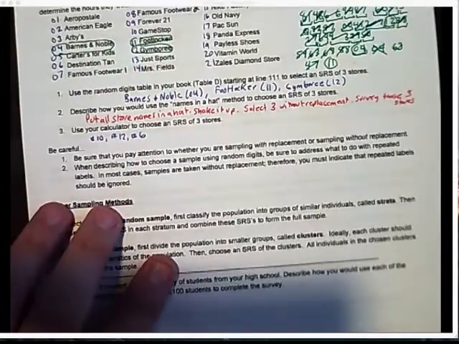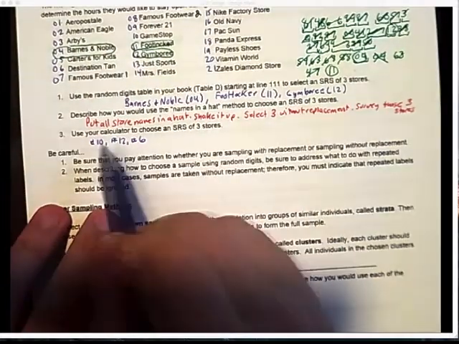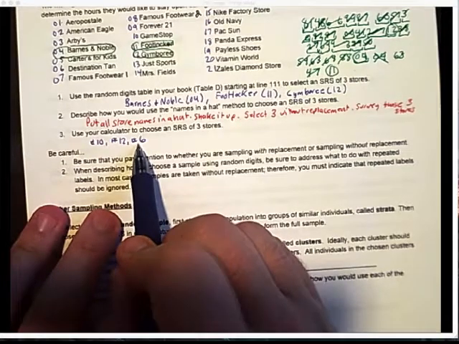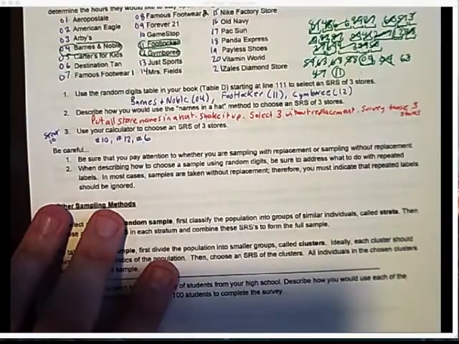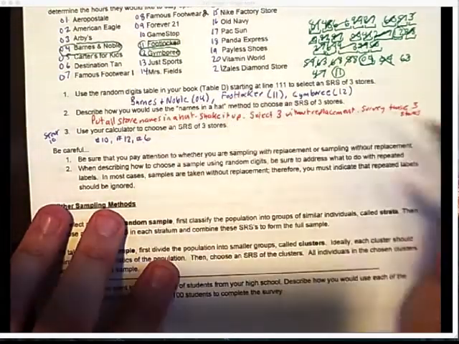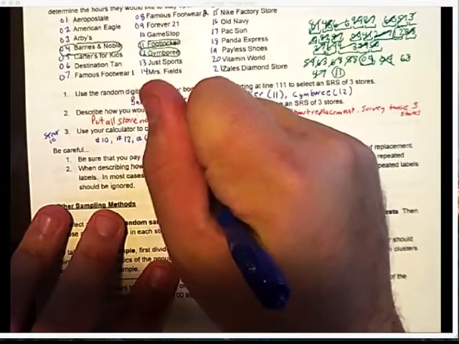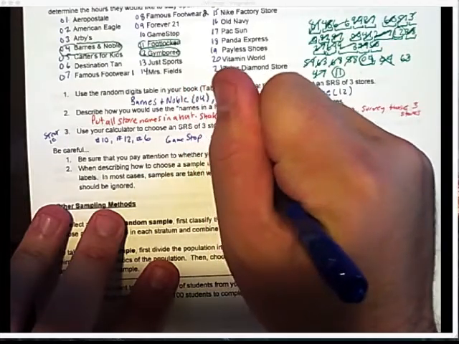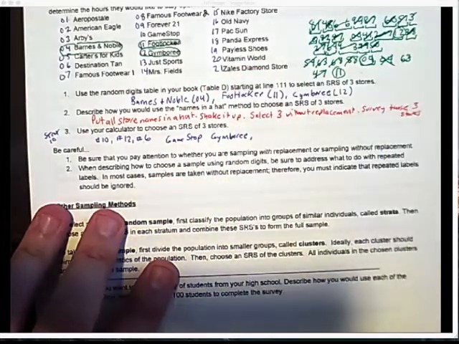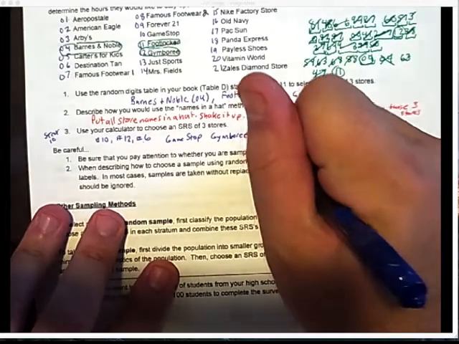You should get the same numbers as these if you seeded your calculator starting with the number 10. Okay, you had to do that first. And those 3 stores correspond to GameStop, that's number 10. Number 12 is Gymboree, and number 6 was Destination Tan.